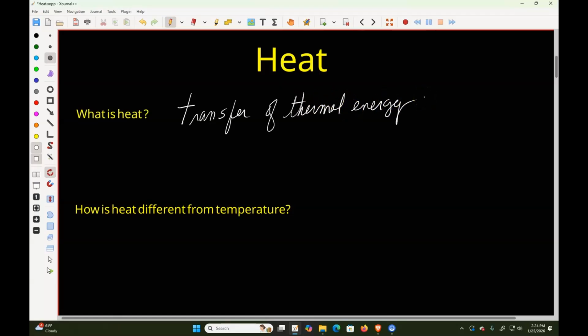You can also think of heat as the total kinetic energy. If there's no kinetic energy, there's no heat.